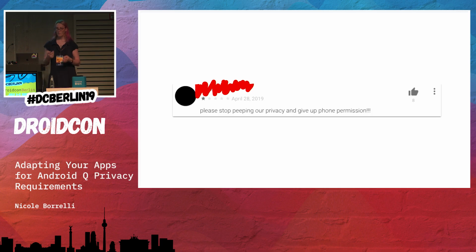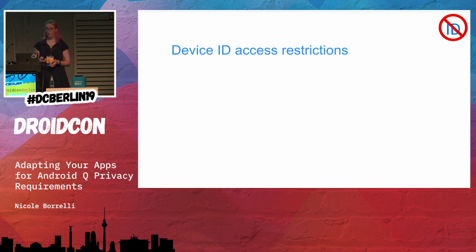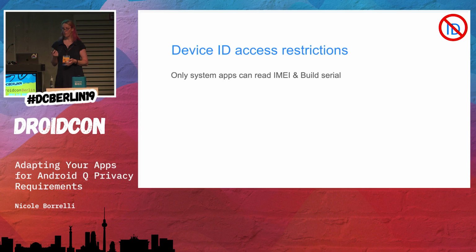Some users have strong feelings about accessing read phone state, and we can understand that, and generally hardware-based IDs. In Android Q, we're adding restrictions to generally the hardware-based non-resettable IDs. So, for example, only the system can read IMEI and build serial numbers now.